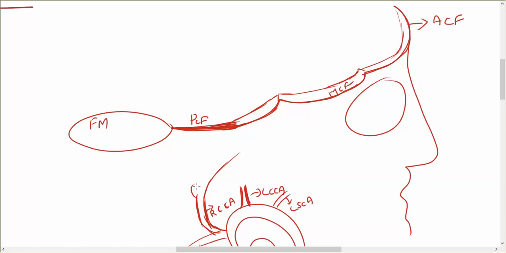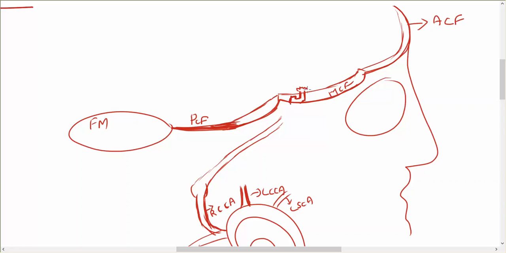Okay. They form a sinus, that is the carotid sinus, and they go to the middle cranial fossa. Okay, in the middle cranial fossa they have a carotid canal. The carotid canal is open outside, not inside the cranium.